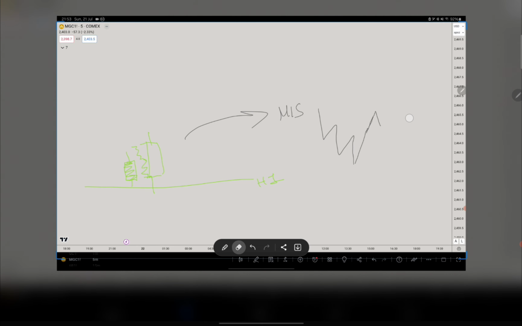Another setup that I really like as well, that I've seen happen a lot more, is this. Let me delete this one as well. Price is coming down, price is coming down. Now price breaks through, but then makes a deeper retracement inside, lower than the QM, and then it goes.